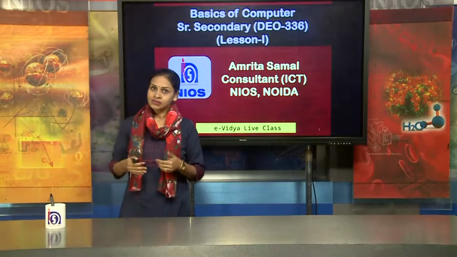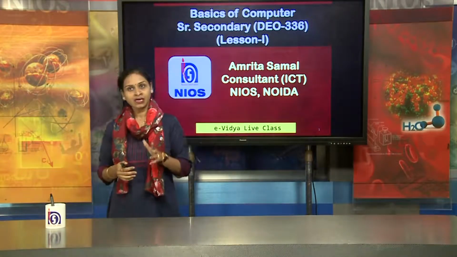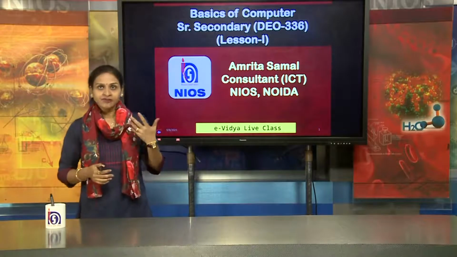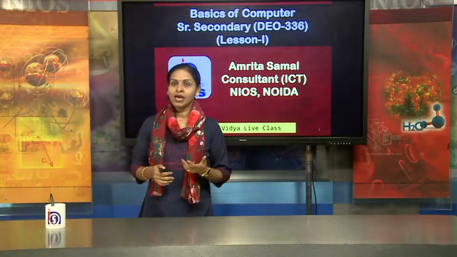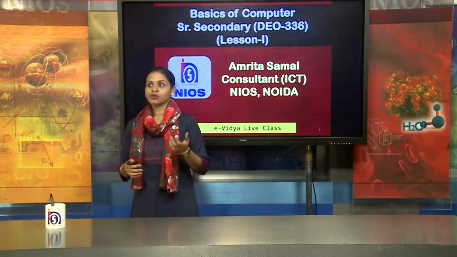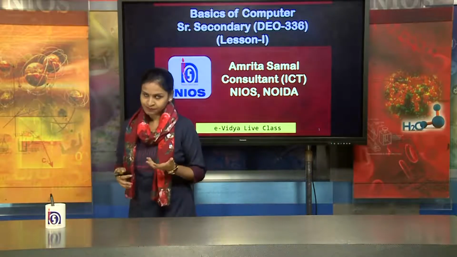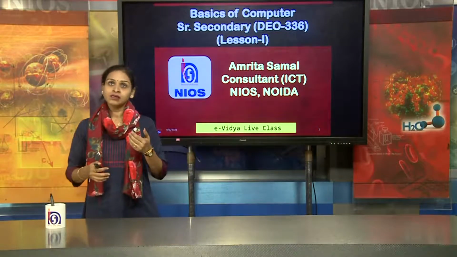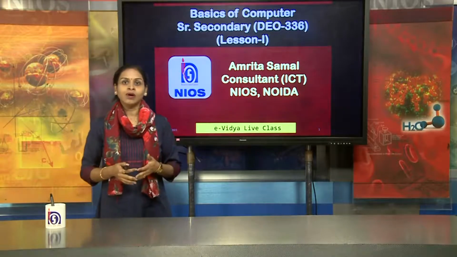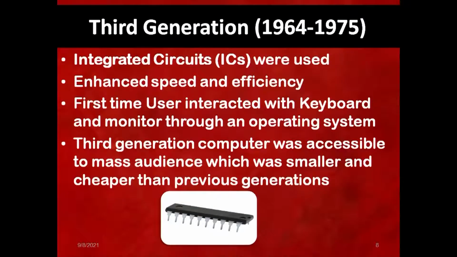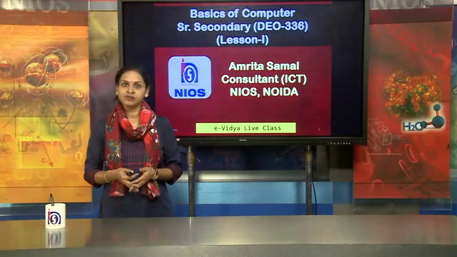In this generation, for the first time, the user interacted with a keyboard and monitor through an operating system. Third generation computers were accessible to a mass audience and were smaller and cheaper compared to the previous generations of computer.